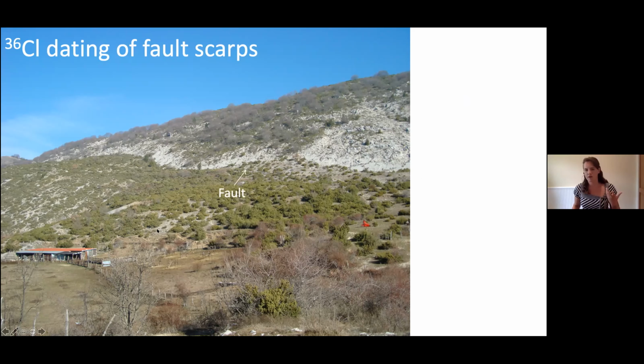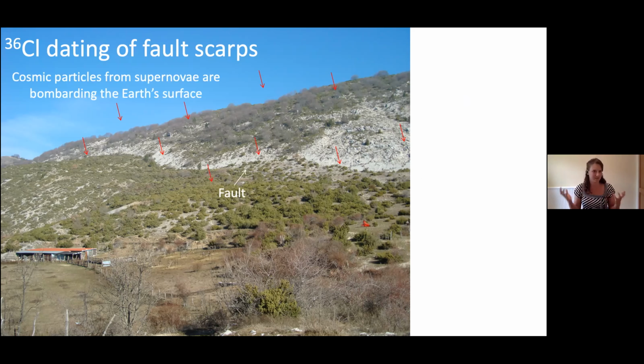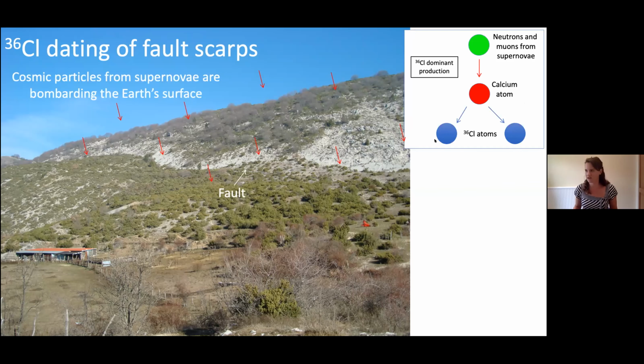What Chlorine 36 dating is based on is the fact that there are energetic cosmic particles being produced in supernovae throughout the galaxies, throughout space. And these highly energetic particles are bombarding the Earth's surface. And when they hit the limestone, that causes the calcium atoms within the limestone to change to 36 chlorine.